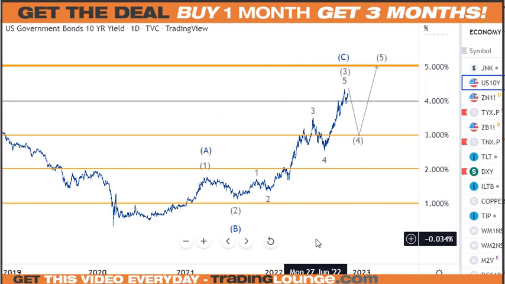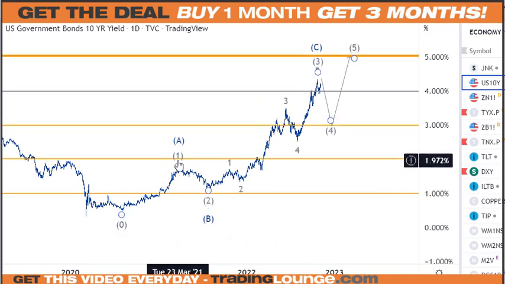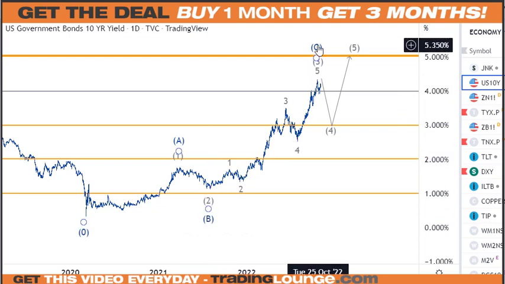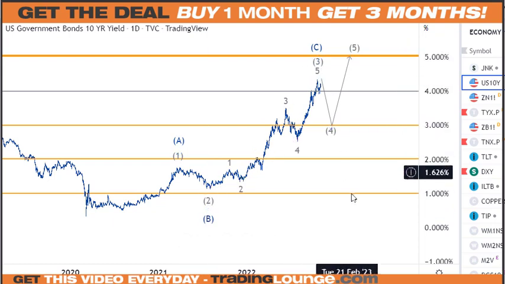I feel confident about this count of 1 and 2 here. It can be an A wave and a B wave, by the way, and up for a C wave, and that could be the top, and that's the end of it, and we come down from that point. But the fundamentals don't really support that.